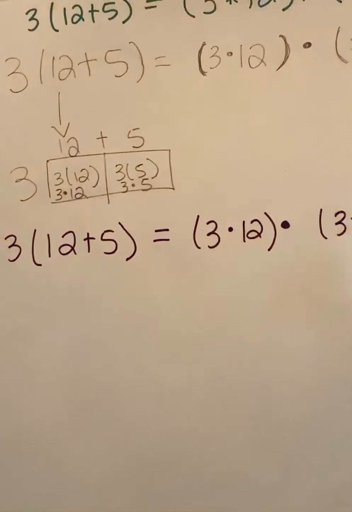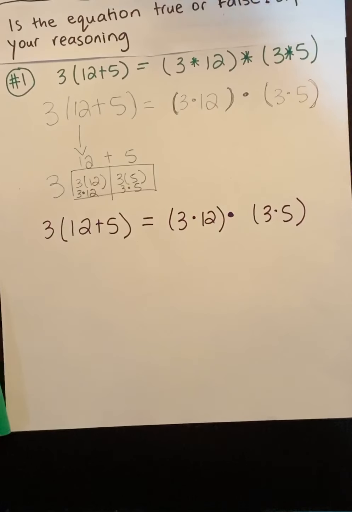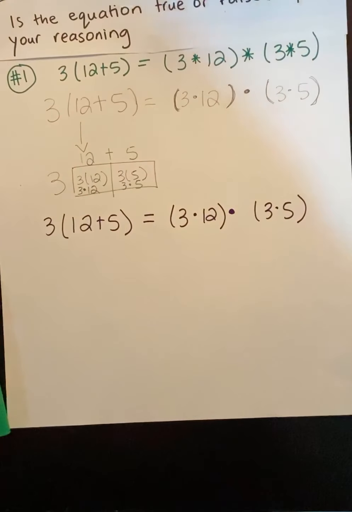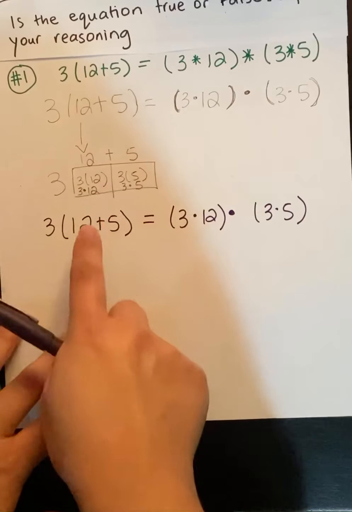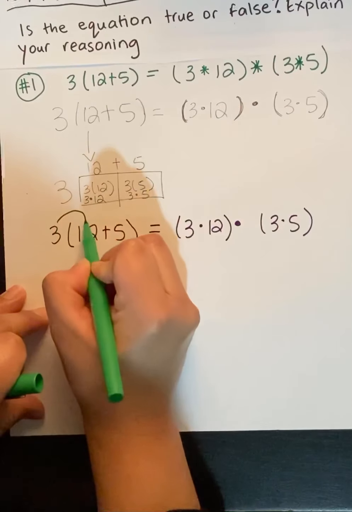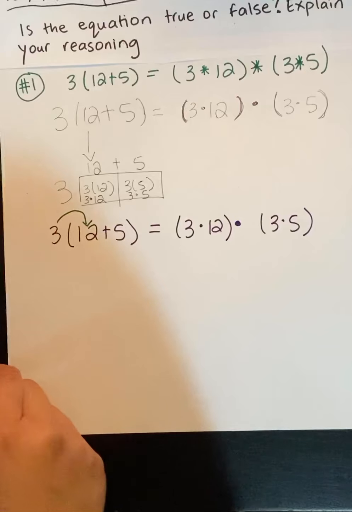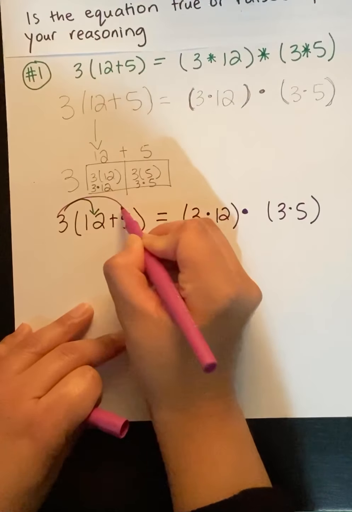And the reason why I am doing that is because I'm going to show this in the equation. So we did 3 times 12, and we used arrows when we learned this in Unit 6. And 3 times 5.